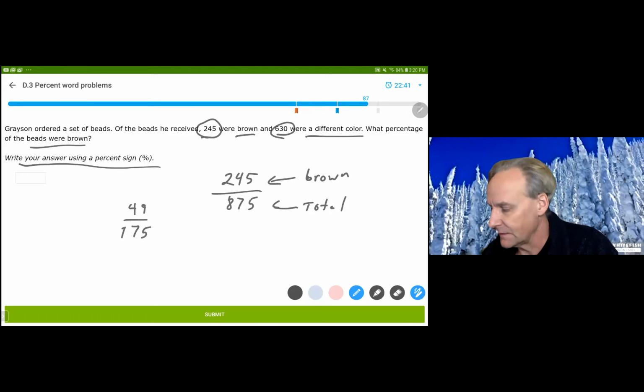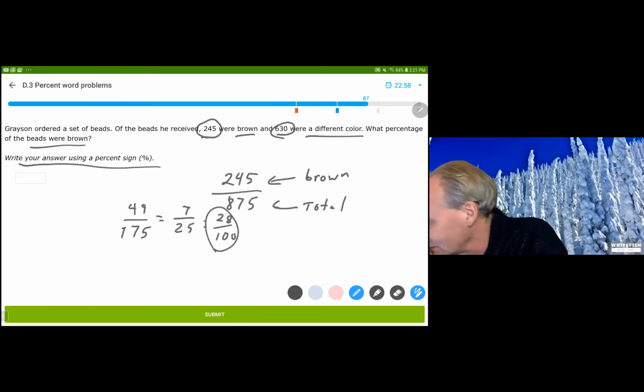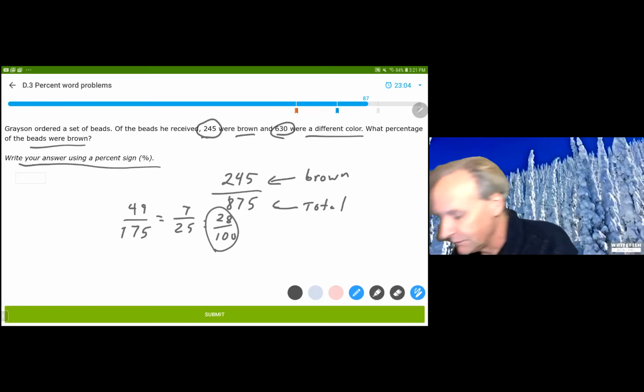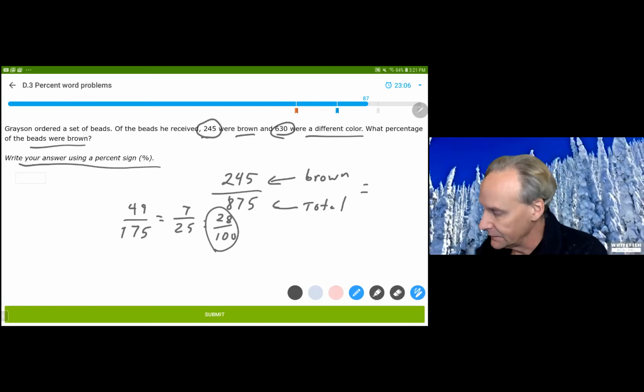Man, that just does not look good. Divide by 7 and we get 25. Divide by 7 and we get 7. And then when we multiply by 4, we get 2800ths. Like I said, you don't always have to grab a calculator, but in this particular case, I'm going to go ahead and do it. 245 divided by 875 is 0.28, of course, 0.28, which is 28%.